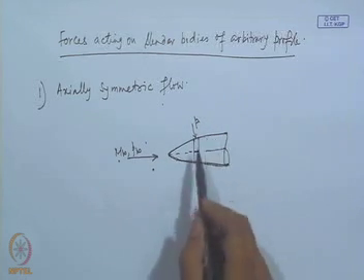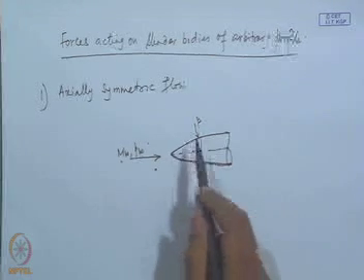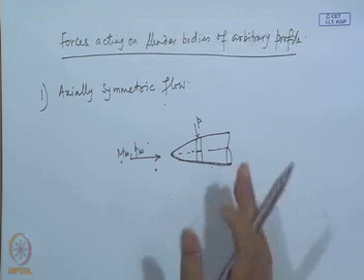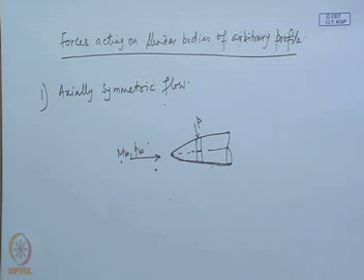Now, we can see that the pressure distribution is symmetric about the upper half and lower half, that is, pressure has a top and bottom symmetry.